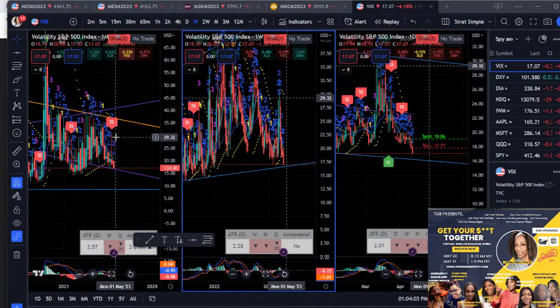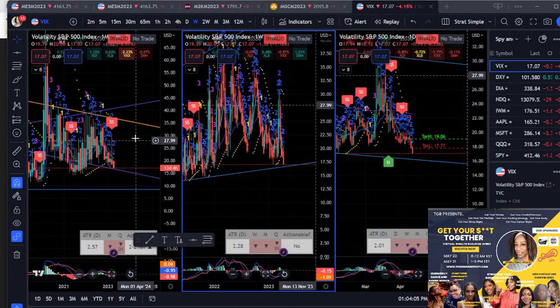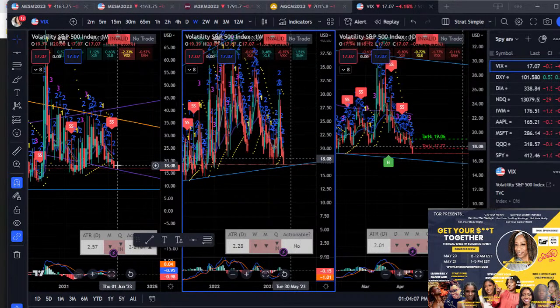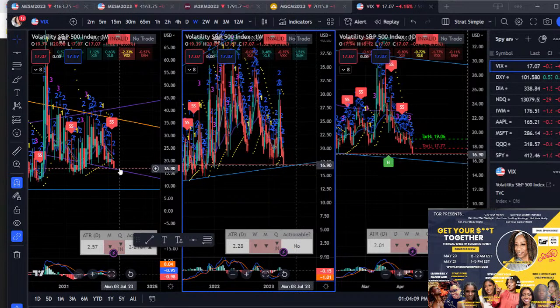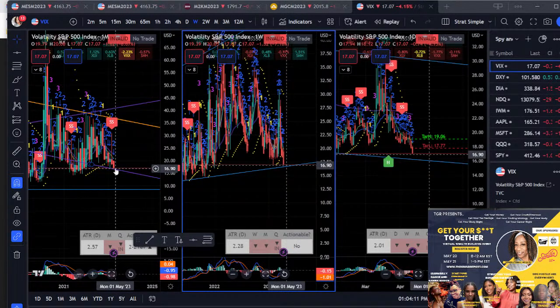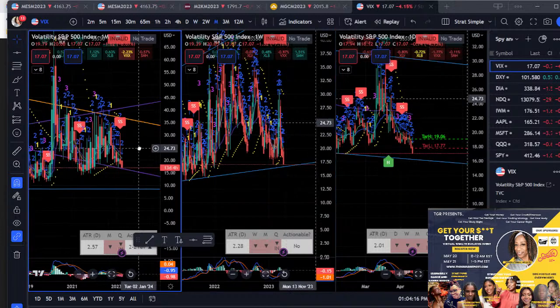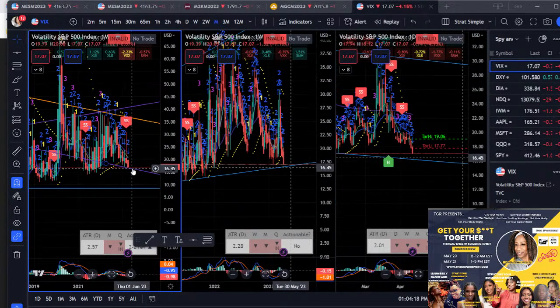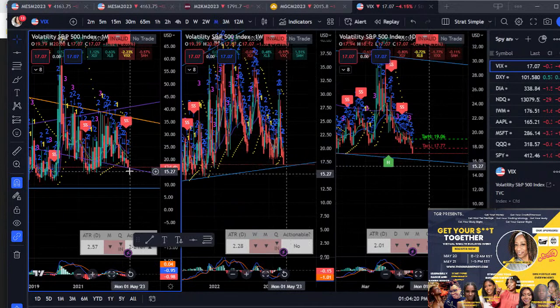But anyway, looking at the VIX right now on the month, as you can see, we triggered down to the month and we have hit magnitude, and we have almost touched the bottom of this broadening formation. So I'm really watching this to see if we're going to break through this broadening formation, or if we're going to reverse from here.